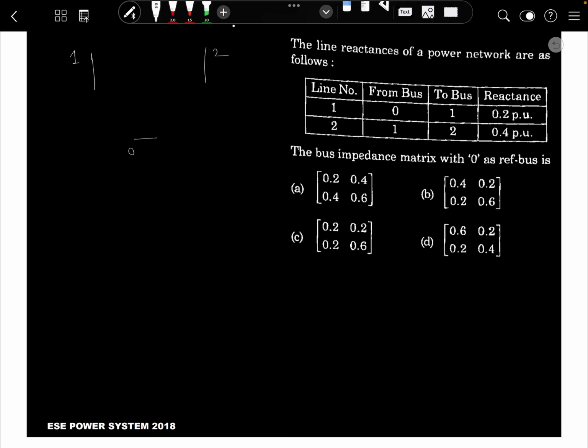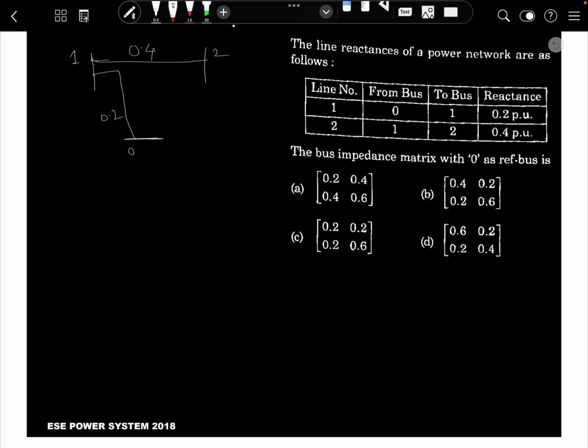As per the given table, from bus 0 to 1 is 0.2, and from 1 to 2 is 0.4.